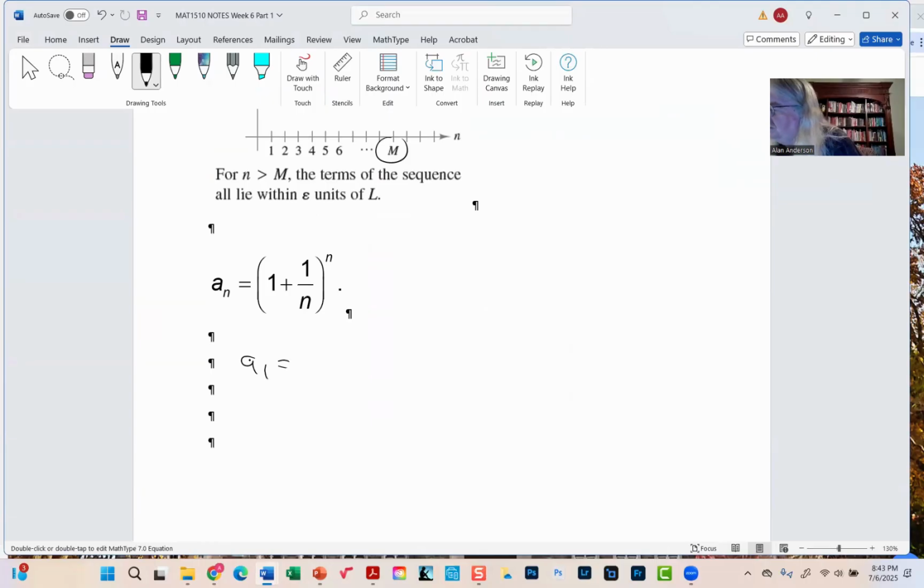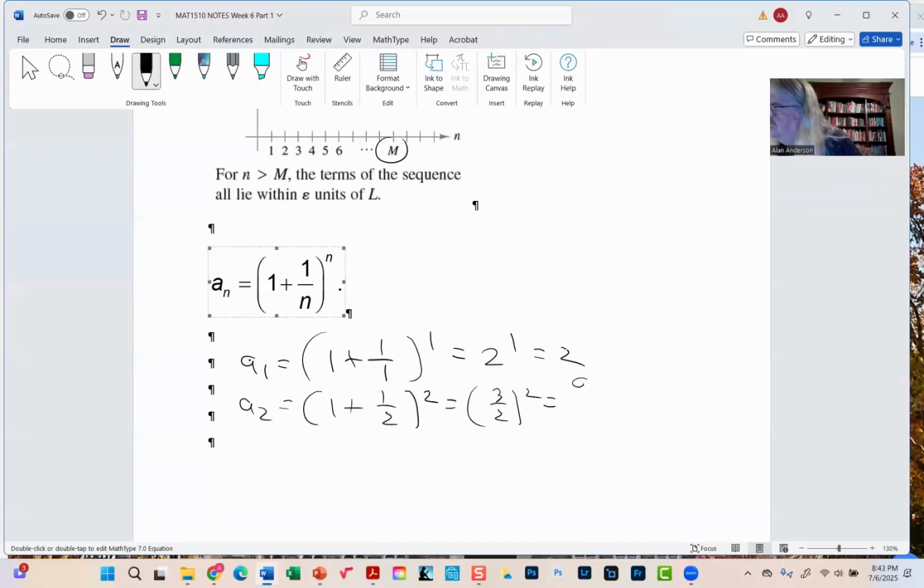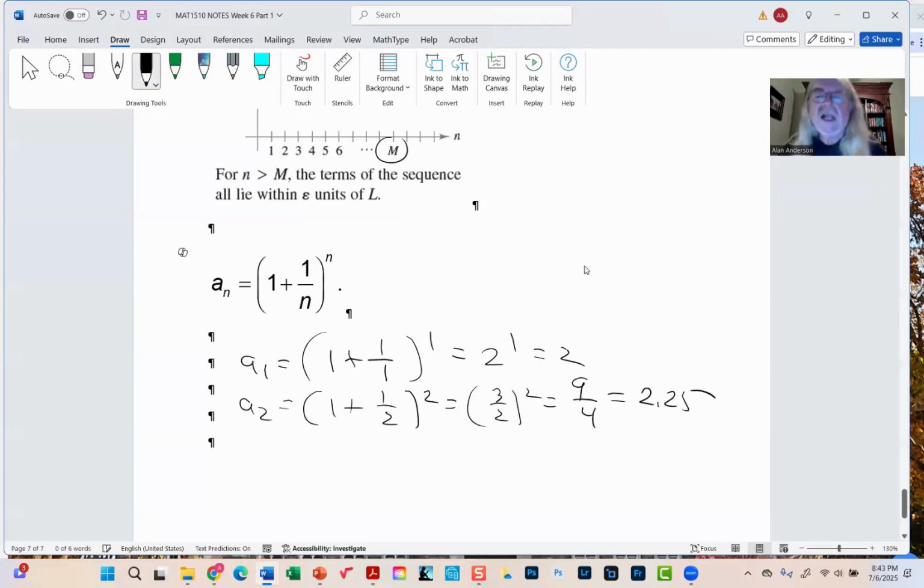a_1 would be, a_2 would be, and what we expect to see. Now we know that e is approximately equal to 2.7128.